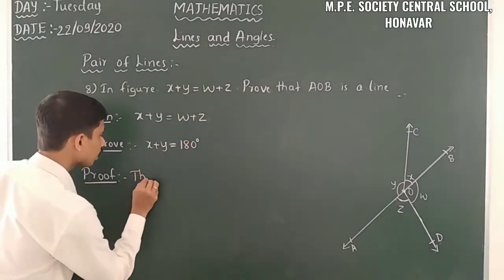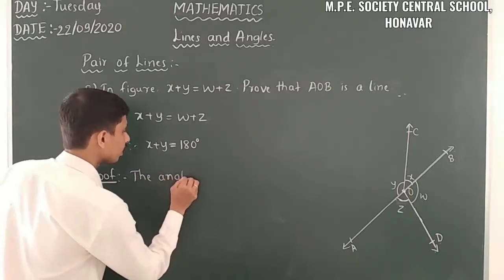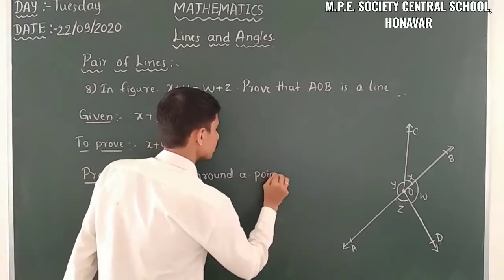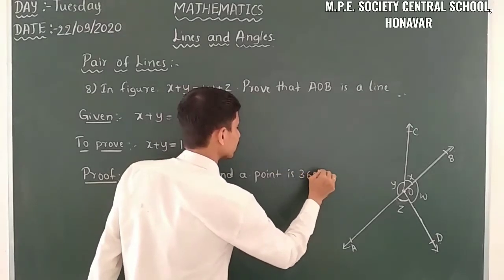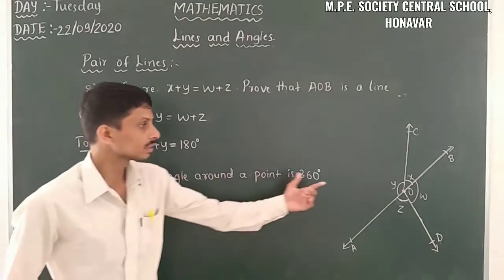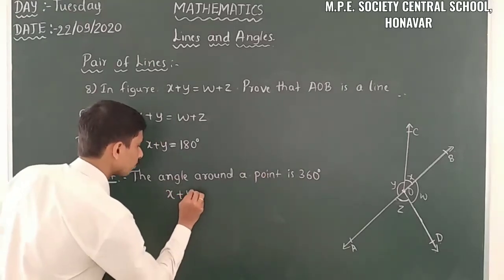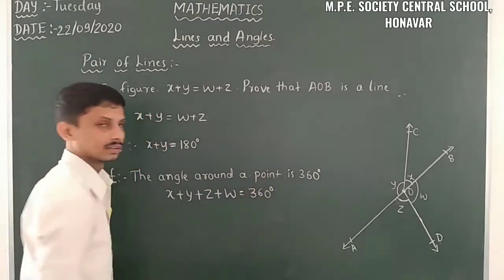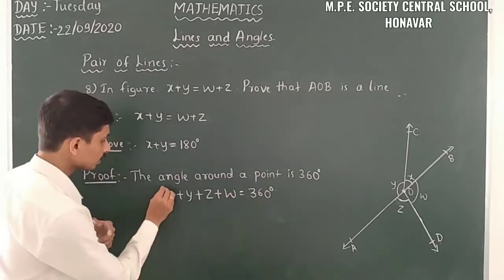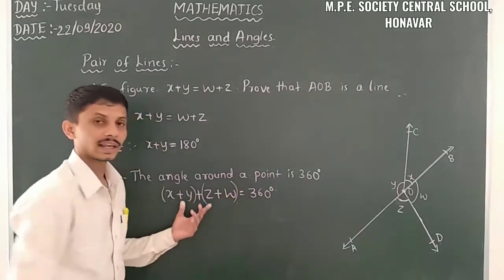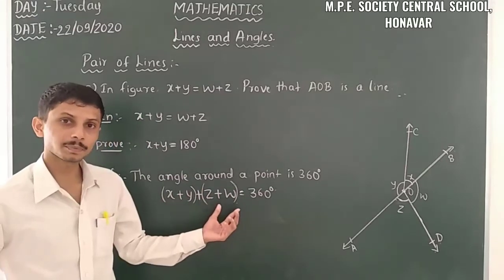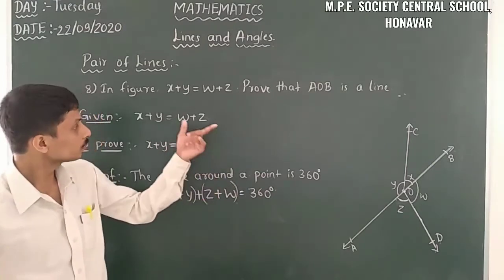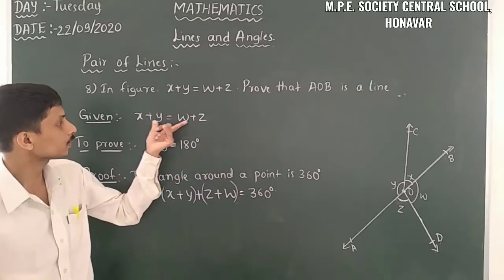So the angle around a point is 360 degrees. Then x plus y plus z plus w is equal to 360 degrees. Just observe, I will split the LHS into two parts: x plus y and z plus w, or we can take w plus z also, is equal to 360 degrees. The given term is x plus y is equal to w plus z.